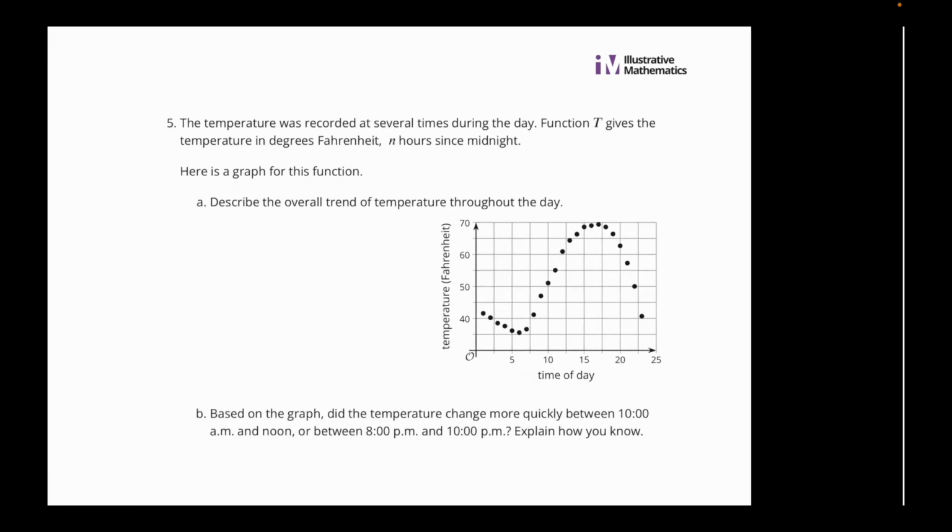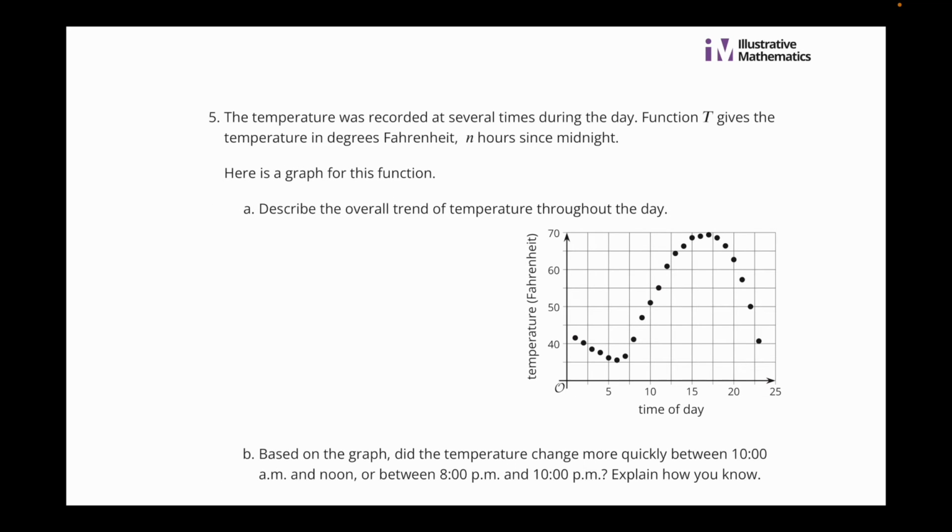Keep going. We have question 5. The temperature is recorded at several times during the day. Function T gives the temperature in degrees Fahrenheit, and N is the hours since midnight. So we have a graph for that here. Based on the graph, well, actually, first it says describe the overall trend of temperature throughout the day. So we can put a little description here.